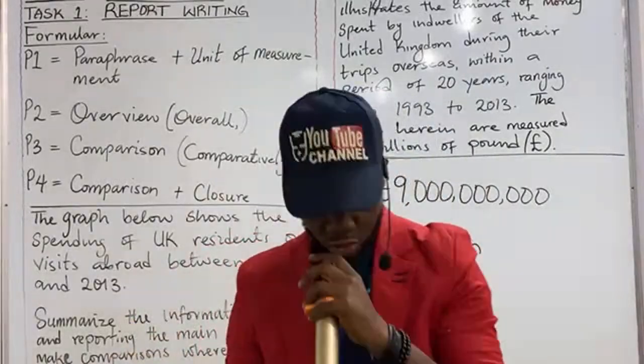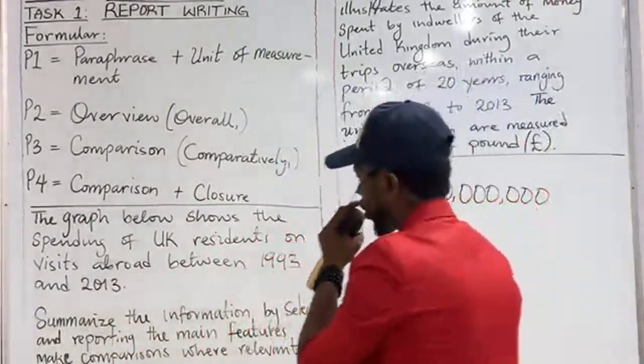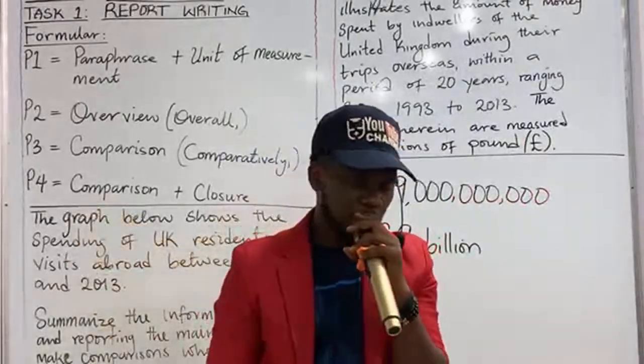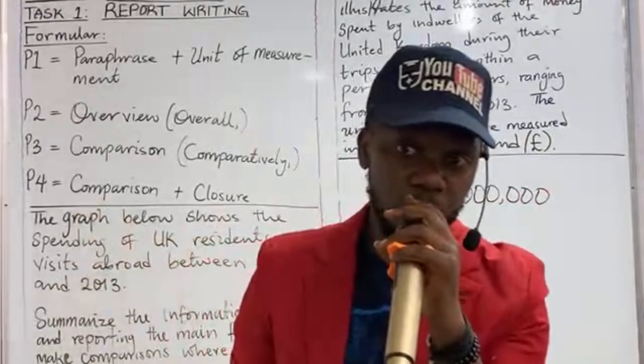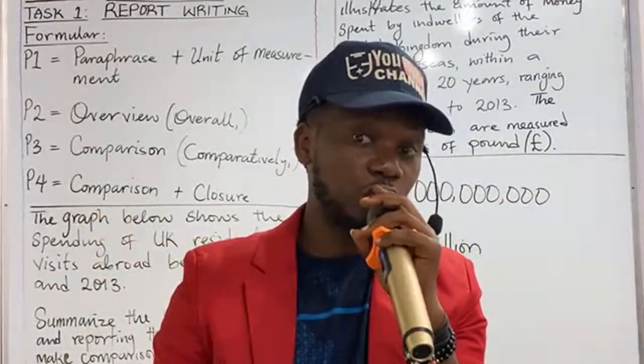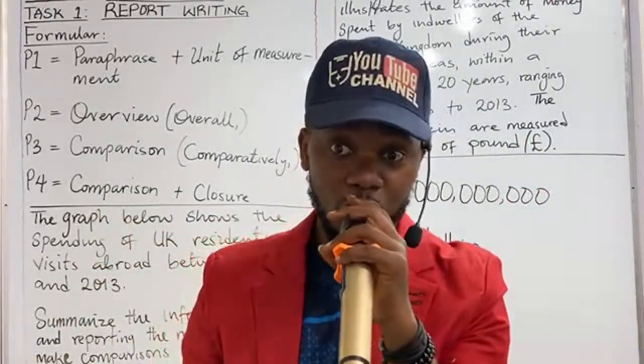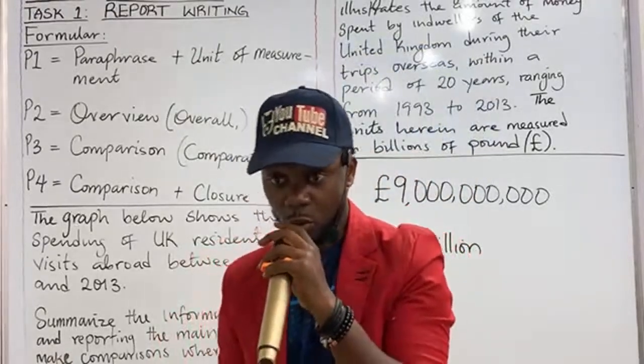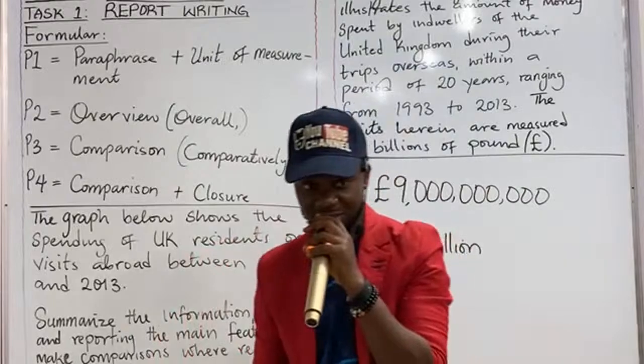Do you understand? So we are still going to compare in paragraph 4, but we will not say comparatively anymore. We will now say additionally or furthermore to start paragraph 4. So we have started. Choose one to write.